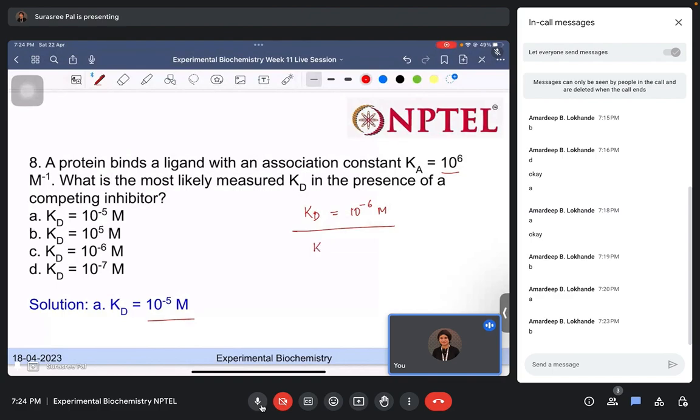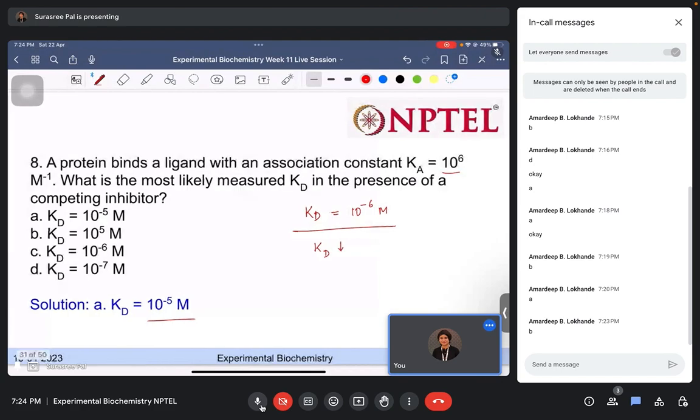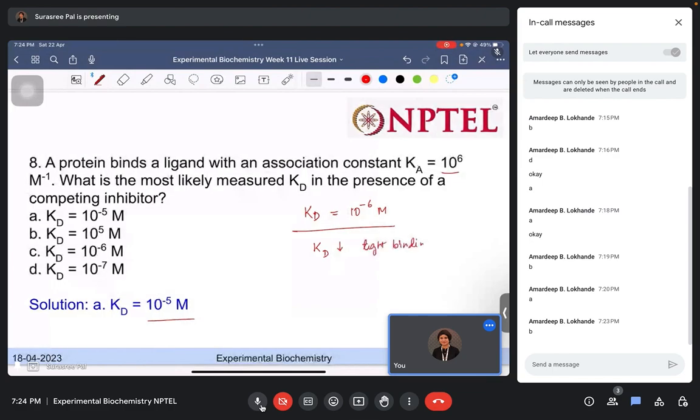If the Kd value is low, it means the binding is tight. And if the Kd value is high, it means weak binding.